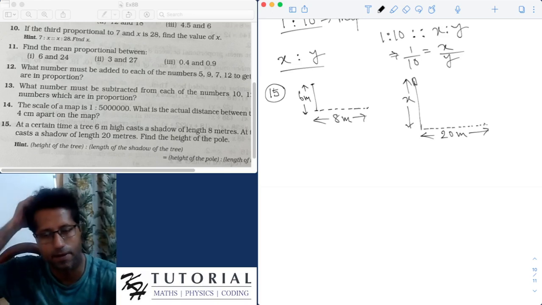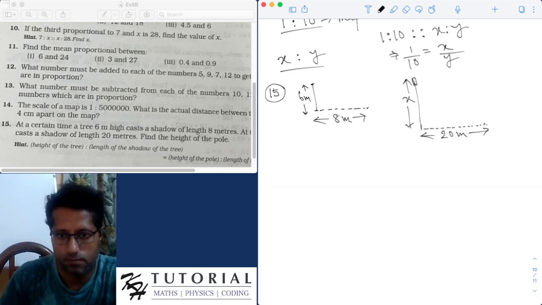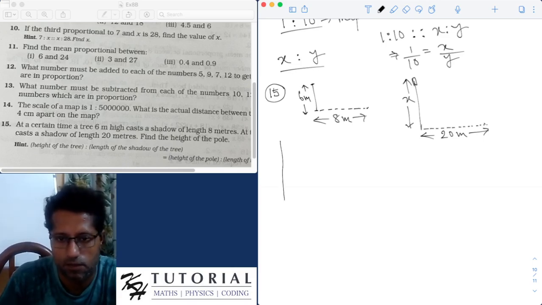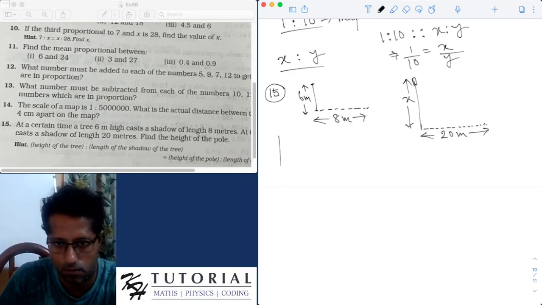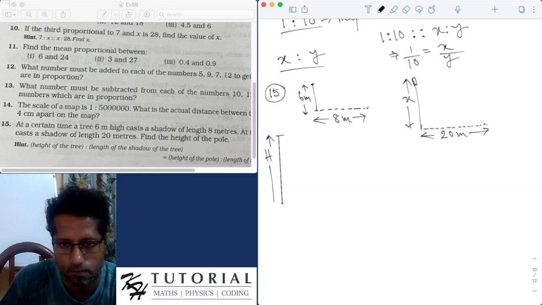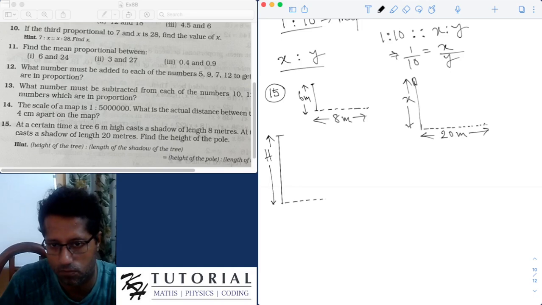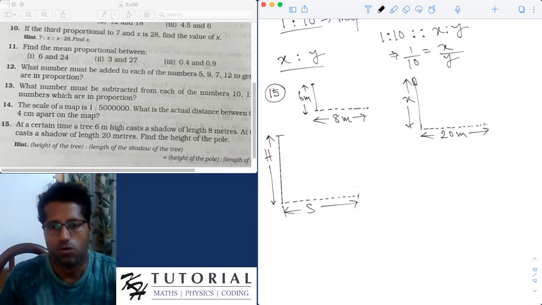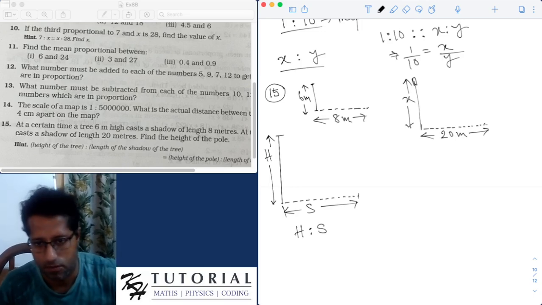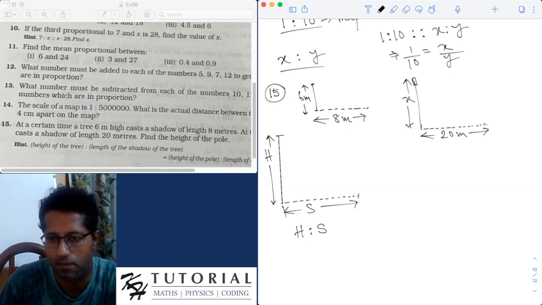The concept is that if there is an object of height h, and it is casting a shadow of length s, then the ratio h to s will always be the same for all objects.